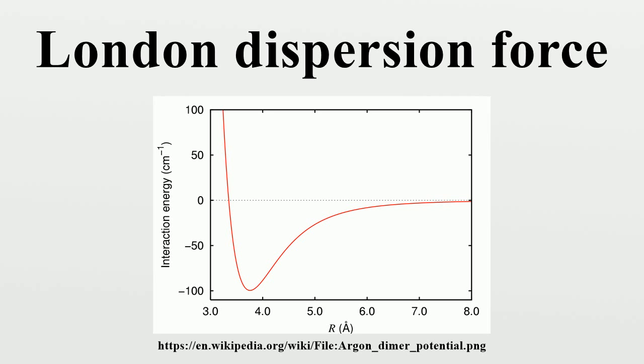Quantum mechanical theory of dispersion forces. The first explanation of the attraction between noble gas atoms was given by Fritz London in 1930. He used a quantum mechanical theory based on second-order perturbation theory. The perturbation is the Coulomb interaction V between the electrons and nuclei of the two monomers that constitute the dimer.